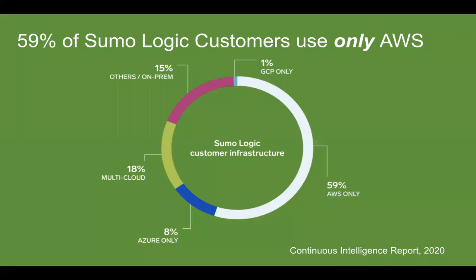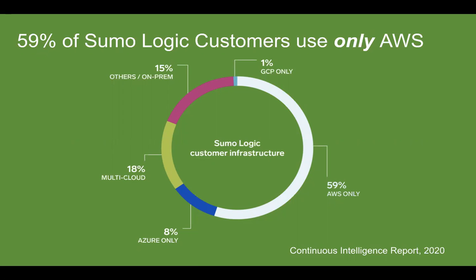Okay, so let's dive into AWS. We put out a report every year based on what we see in our customers and how they're using not only our product, but all of the other services out there. So this is our continuous intelligence report. Last year, 59% of our customers were in AWS.